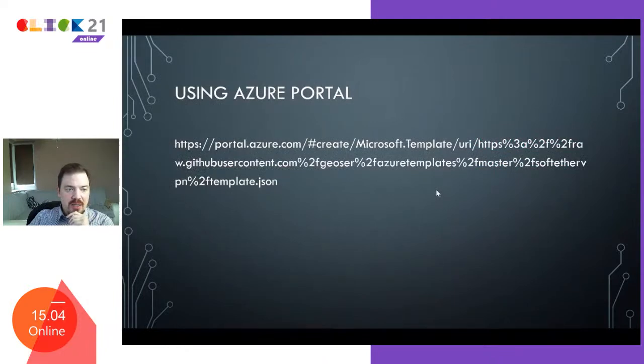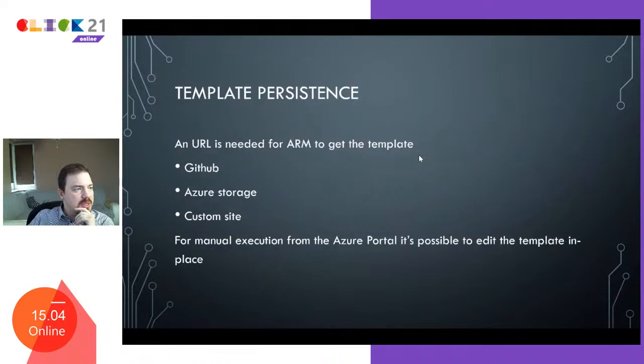Okay, so how to use it using the portal? Sorry. Okay. So template persistence. It's one more thing I just missed. In order to use the template, you have to store it. So we have to have the URL to this template, and you can use either GitHub or Azure Storage or your own custom site, whatever it is.